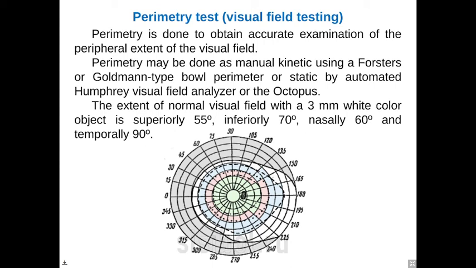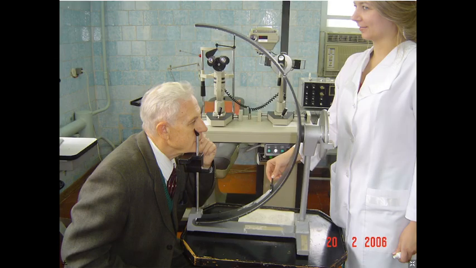The extent of normal visual field with a 3 mm white color object is superiorly 55 degrees, inferiorly 70, nasally 60, and temporally 90 degrees. Here you see the patient and examiner with Foerster's variant of perimeter.